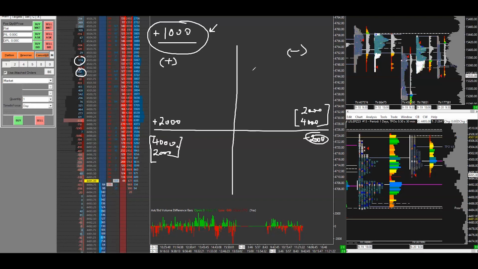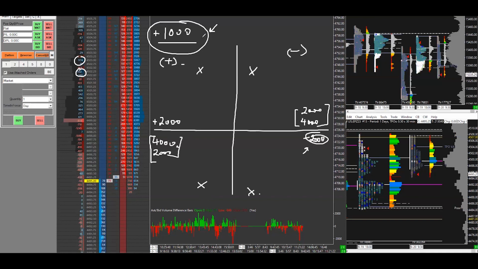Now, price can be either above the negative large delta or below the negative large delta. Price can be above the large positive delta or below the large positive delta. So what would this mean for us? Let's look at the negative side first.